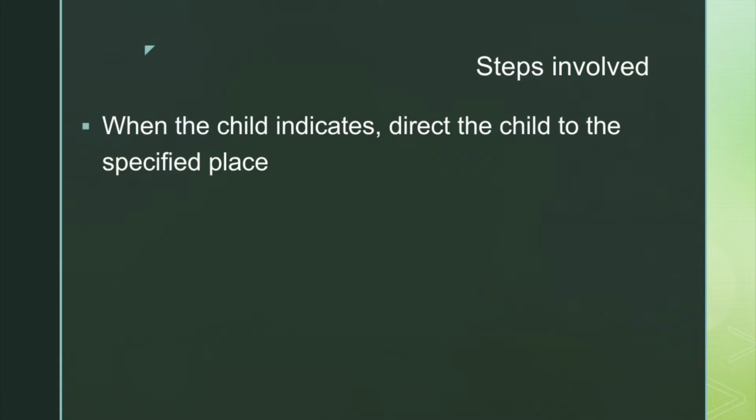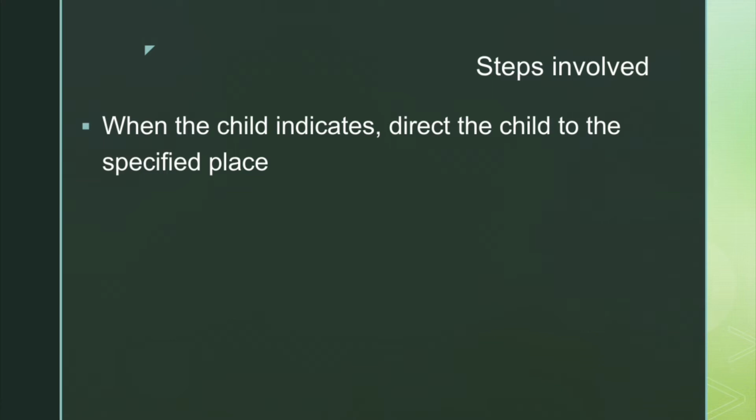When the child indicates, we need to direct the child to the specified place. In level 2 itself, the children are able to indicate before voiding by using any means like sound or gesture or word or some kind of an action.